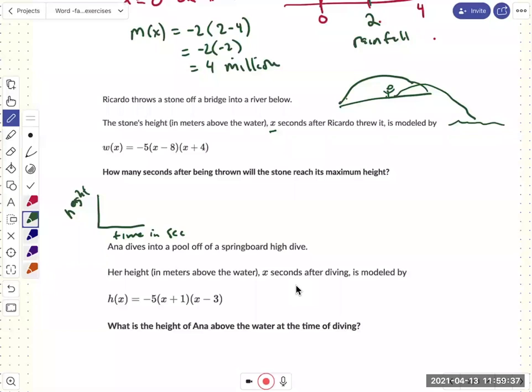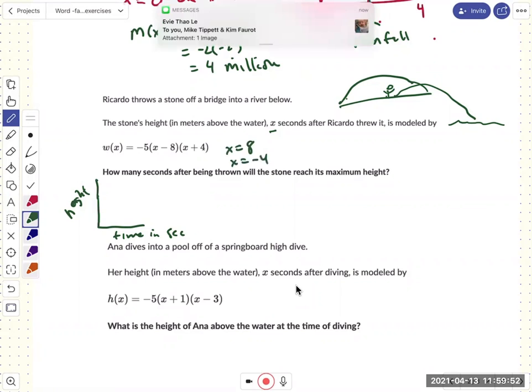Okay, so you want to read maximum height. You say, well, let's figure out the other things. So let's figure out when it will hit the ground. And you say, well, when x equals 8 or x equals -4.